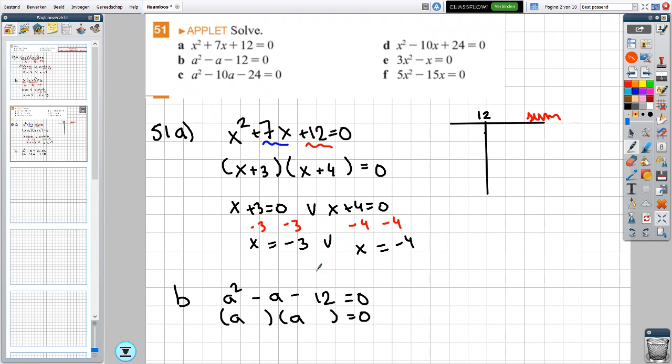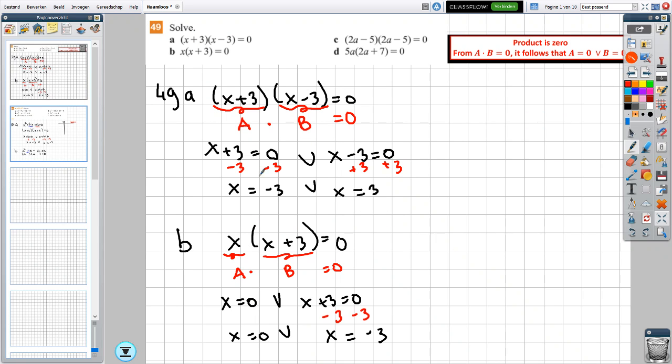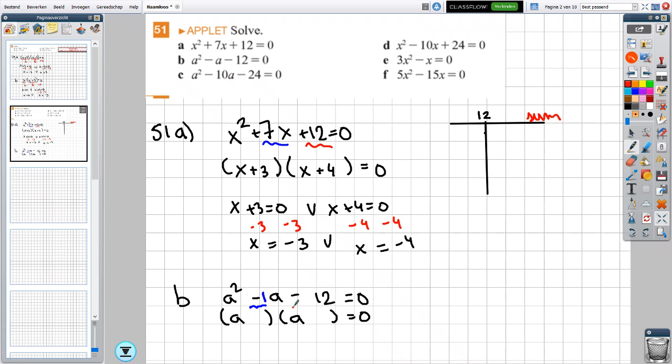So I would do it like this, and then you could say minus 1, and multiplied are going to be minus 12. Try this. I think if you take some time for this, or maybe you already see it in one go. This has to be -4 and +3.